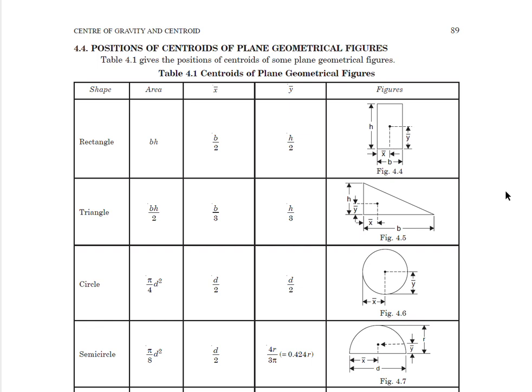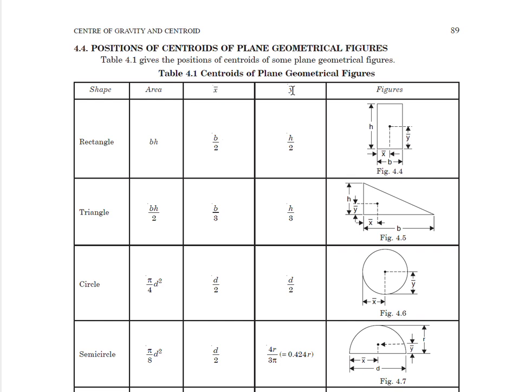Say for this entity of a rectangle, you have the area of the rectangle as b into h, where b is the breadth and h is the height, and the distance of the centroid, which we denote with the symbols x bar and y bar.